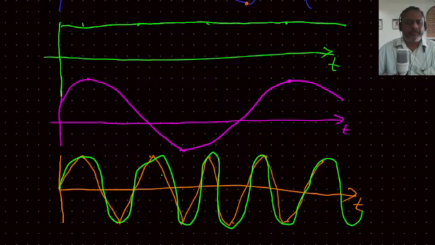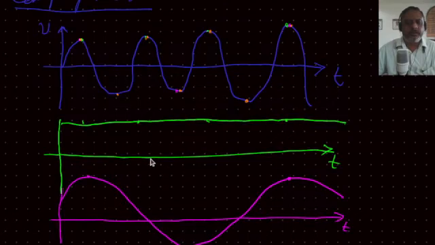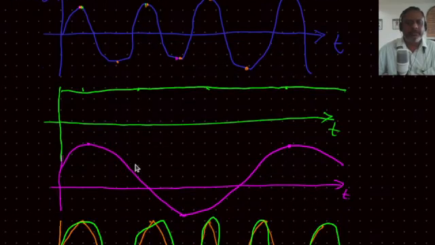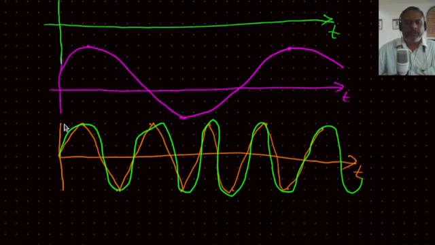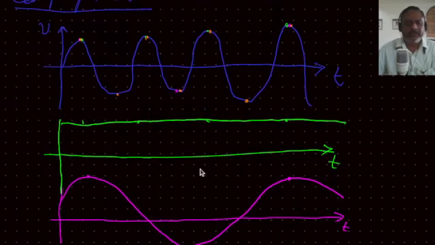So what it says is, if you want almost the best fit with a curve, then we should have a minimum of 2 samples in one cycle of the input.